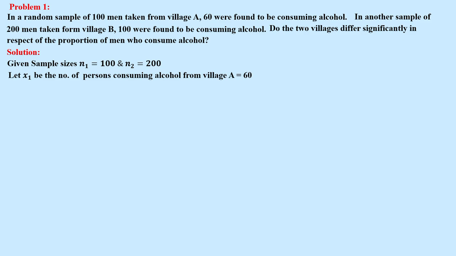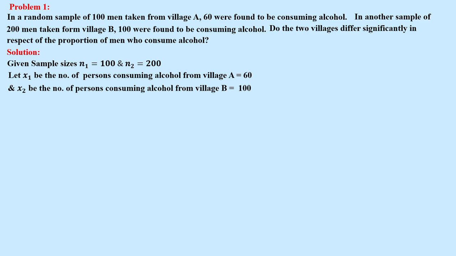In a random sample of 100 men from village A, 60 were found to be consuming alcohol, so x1 equals 60, and x2 is the number of persons consuming alcohol from village B, that is 100. Out of 100 in village A, 60 are consuming. In village B, out of 200, 100 persons are consuming alcohol.